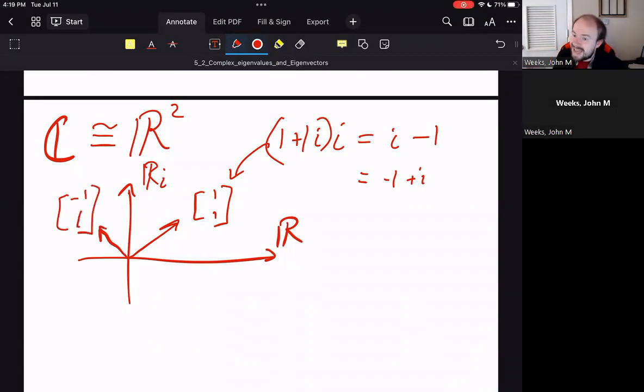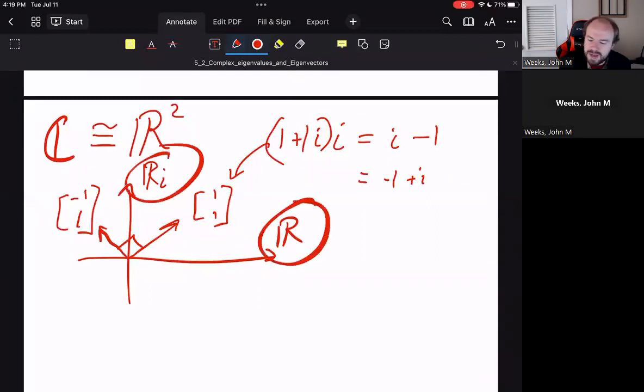Notice that that is a 90-degree rotation there. This comes back to our discussion of this very operator we were discussing before. This is a rotation of 90 degrees, but not in terms of the R2 plane. This is in terms of the complex plane, in terms of this being R and this being R times i. So in general, how would I write this algebraically is a good question.